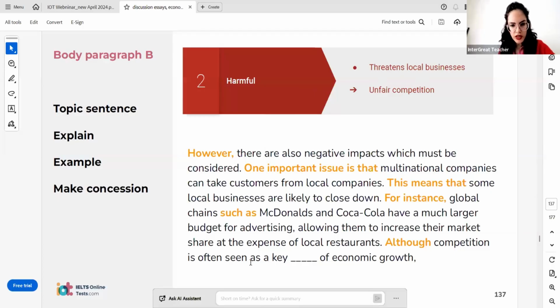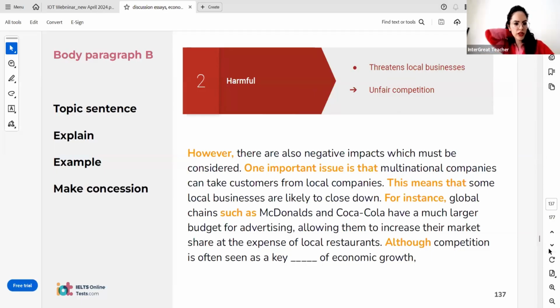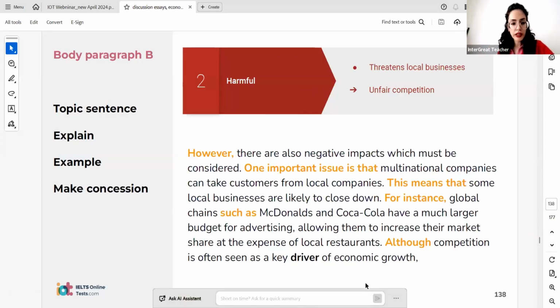Although competition is often seen as a key component, okay, factor is also key factor, yeah, okay. Now I want to use a synonym and I'm going to go with driver of economic growth, meaning it drives, like a pioneer, not driving a vehicle, to push something, let's say.